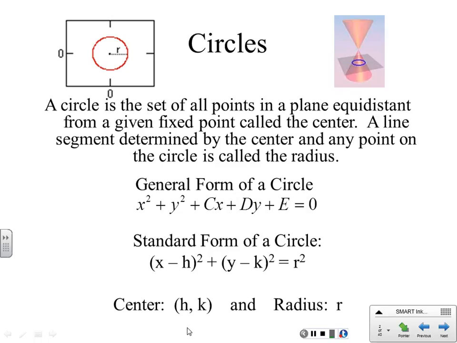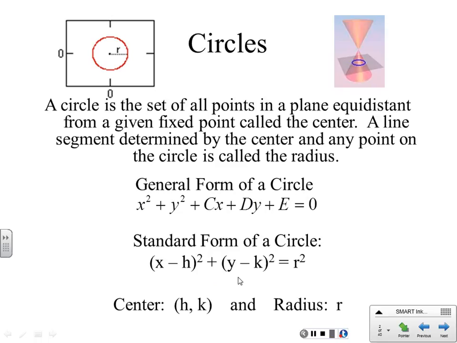Typically, we call ordered pairs x, y. Well, because of our forms, calling this center x, y would get a little confusing. So instead, we call our x coordinate h and our y coordinate k. You need to remember this all the way through the whole entire chapter 13.